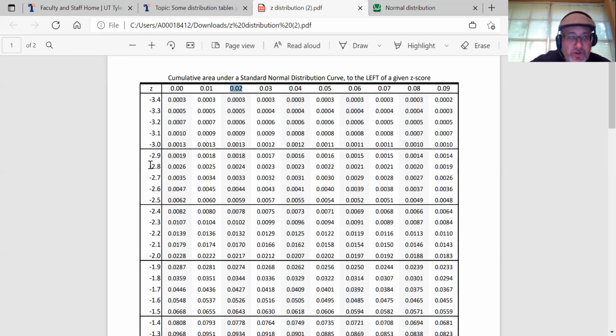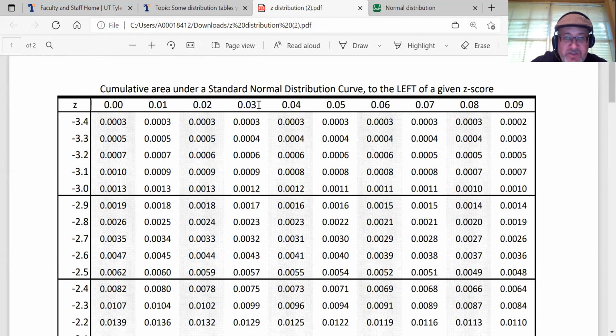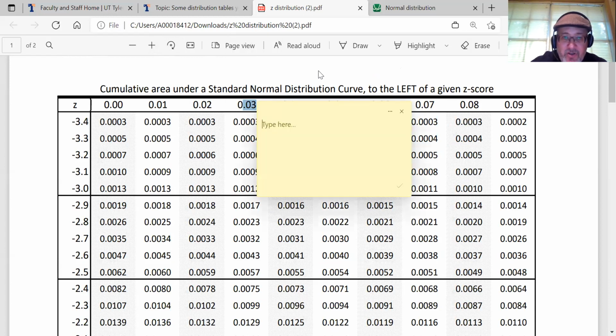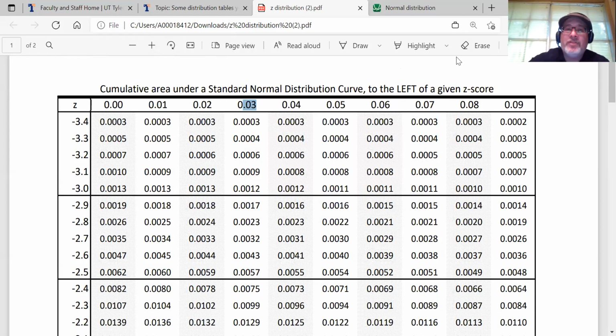If we were to look at this row, then we are looking at a row whose z-score starts with -2.8. And then when we pick a column like this one, notice it says 0.00. Let's zoom in a little bit. When it says something like 0.03, what it's saying is, don't worry about the first 2 digits.